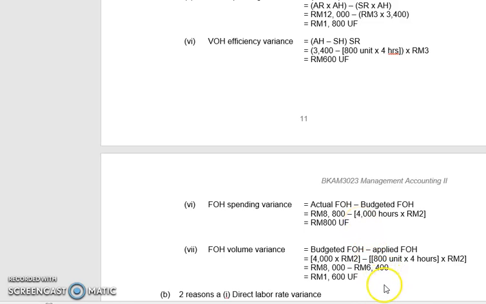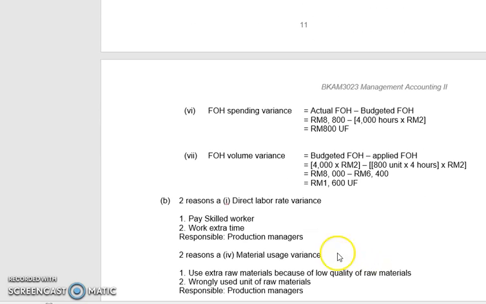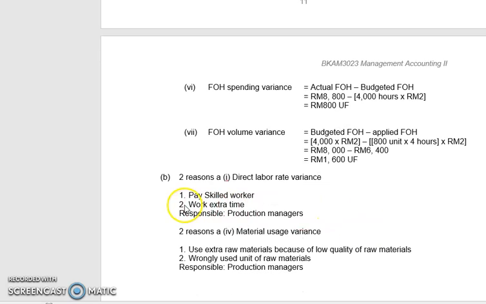Fixed overhead volume variance, you got 1,600 unfavorable.